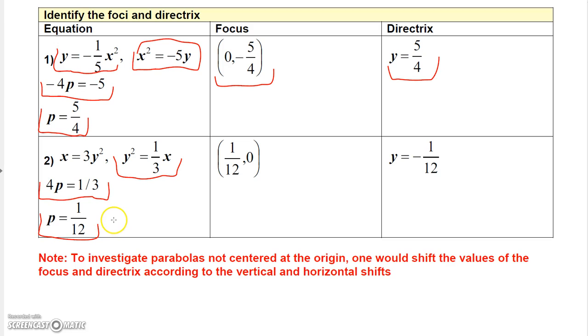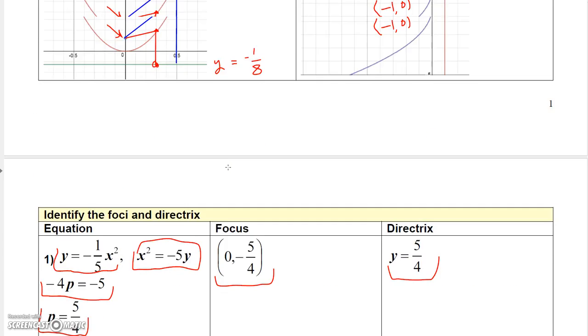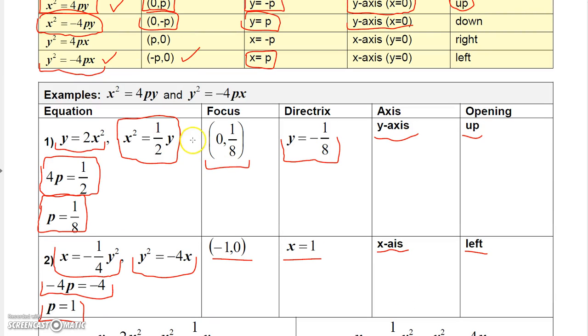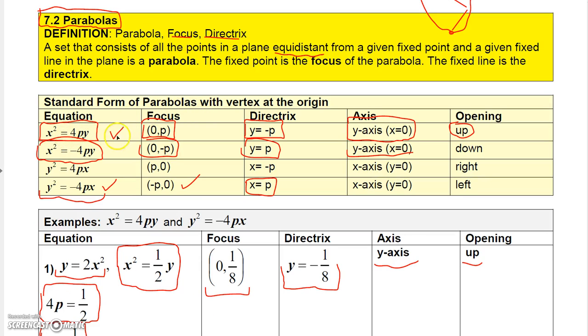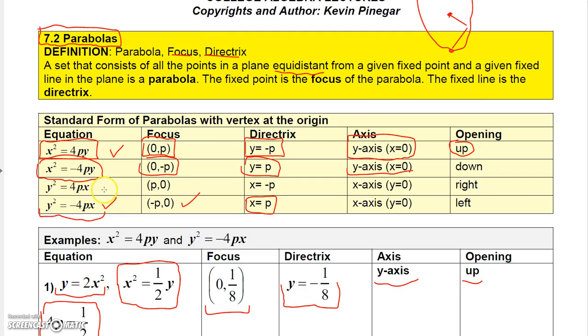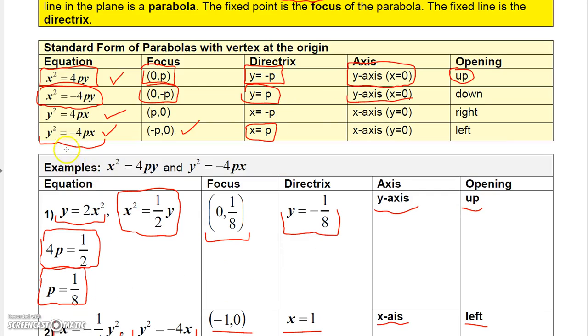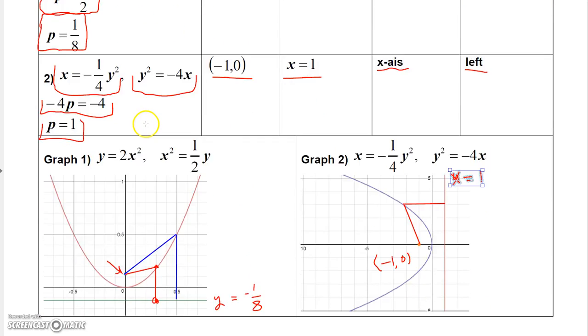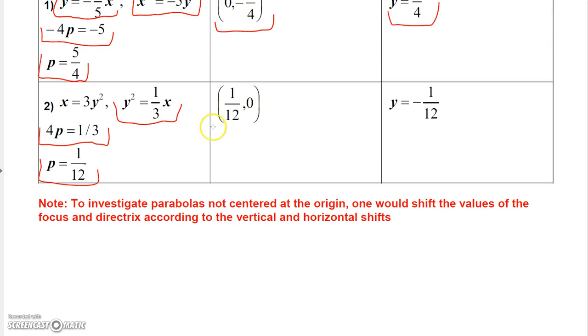Okay, and so the focus here would actually be the point 1/12, 0, because when it's positive, let's see, it's actually this one, I'm sorry. It's the point p, 0 when you have a positive value. So the point p, 0 would be the point 1/12, 0.